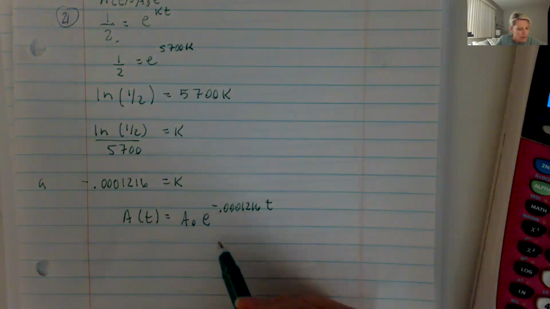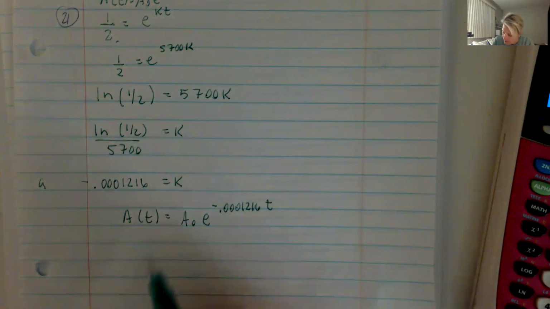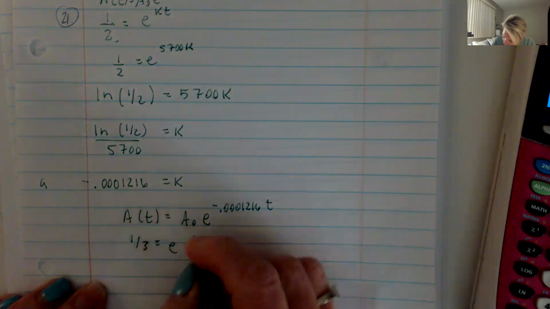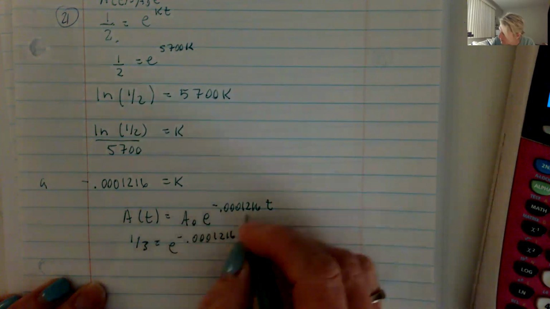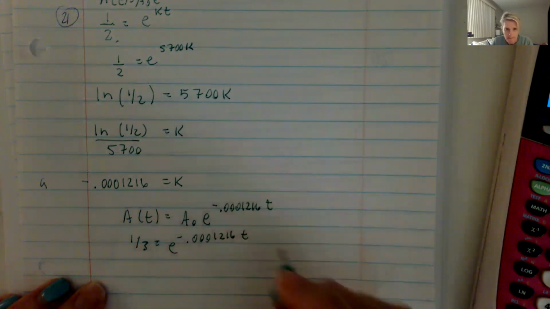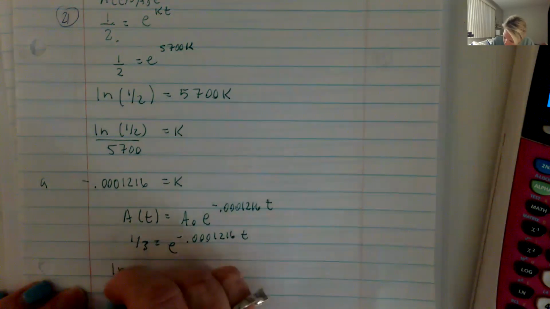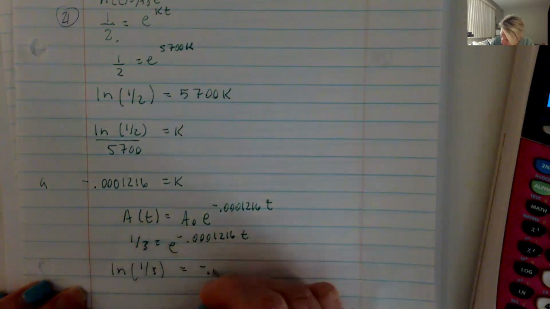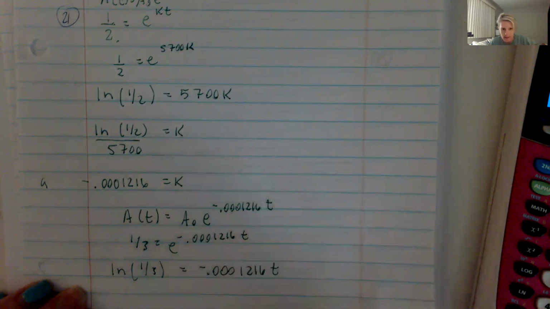Then part B says, calculate the time t for carbon-14 to decay to 1/3. So we want this ratio to be 1/3. We're saying 1/3 equals e to the negative 0.001216t. We take the natural log of both sides, so the natural log of 1/3 equals negative 0.001216t.